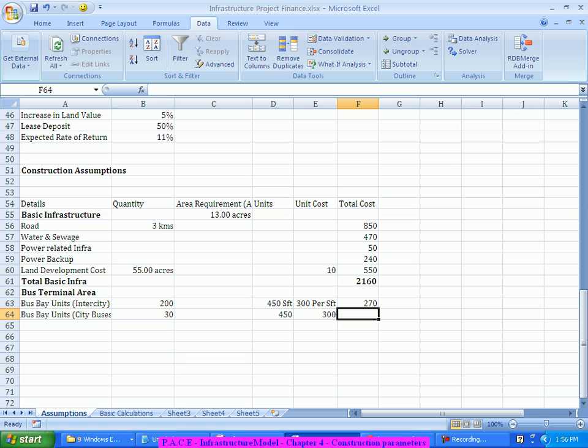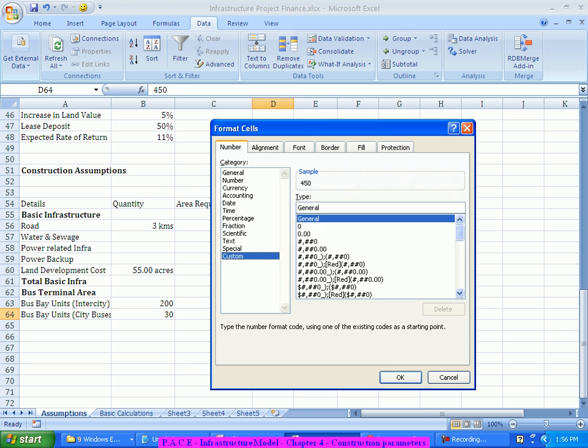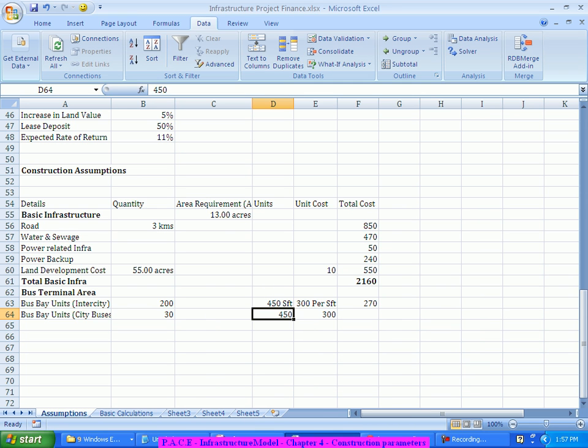So they are building 200. So it's a big complex itself that way. 200 buses, 200 platforms kind of stuff. So we'll typically go for the same cost. Once you have created one format, you can do paste special, or paste format.